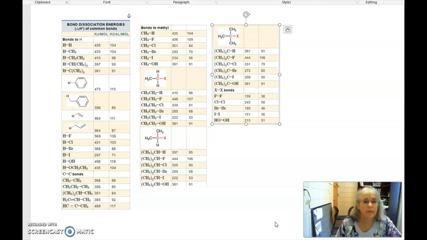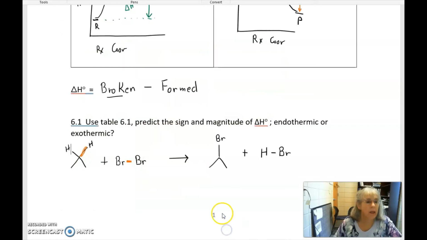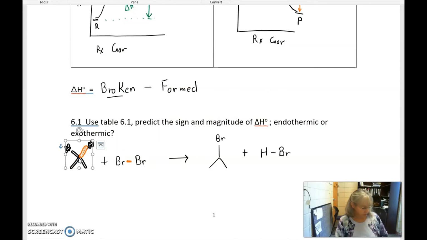Here it is, 193. And the other bond that we've broken is a carbon-hydrogen bond. This carbon is bound to two other carbons.